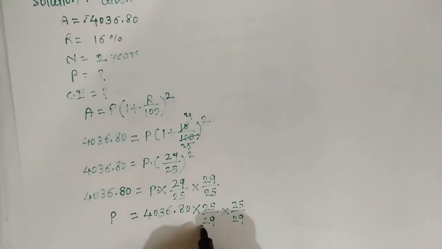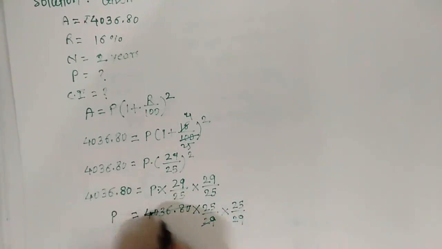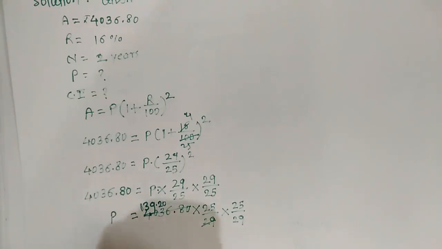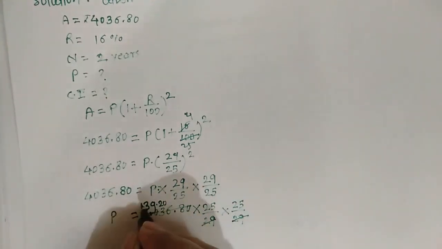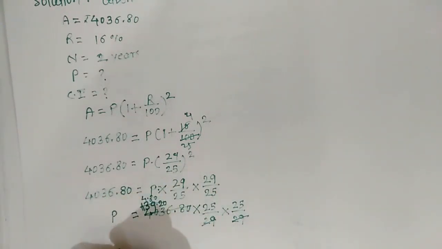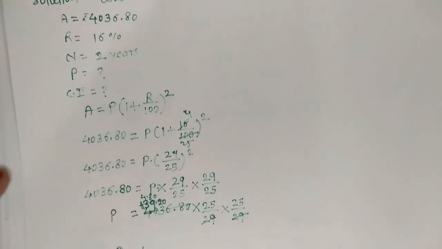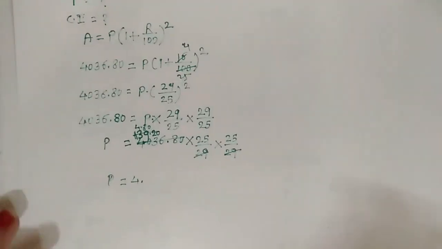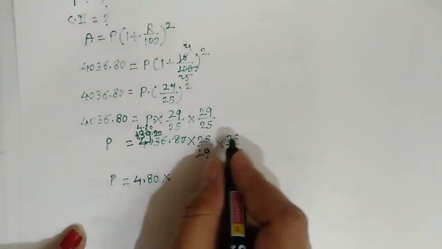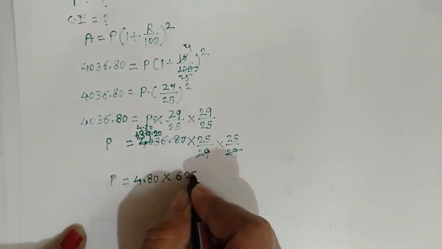So if we take the division here, the answer is 139.20. And again if we divide by 29, then it is 4.80. So P is equal to 4.80 multiply by square of 25 is 625.